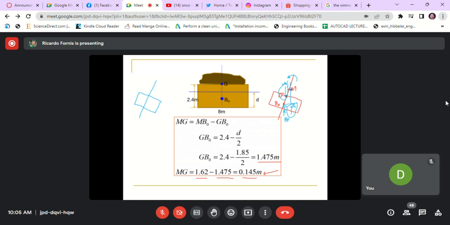Assuming that the G is here. Tumbalubo ang imong cargo diyan. Mo nang ang center of gravity is here. And then the MBO is here. Mo ni ang BO. Pag tilt, ang BO mo shift dire.